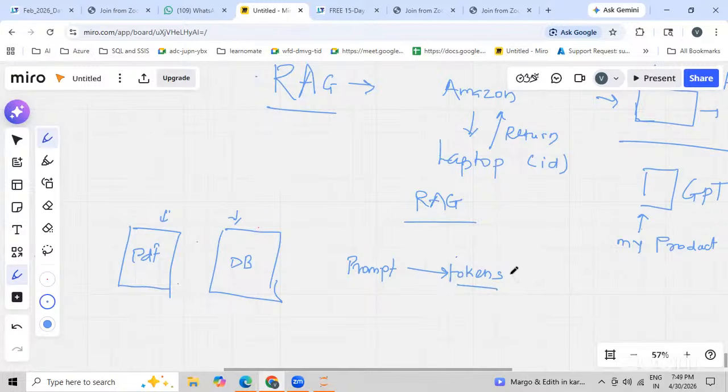We already covered in this part what a token is and what a chunk is.